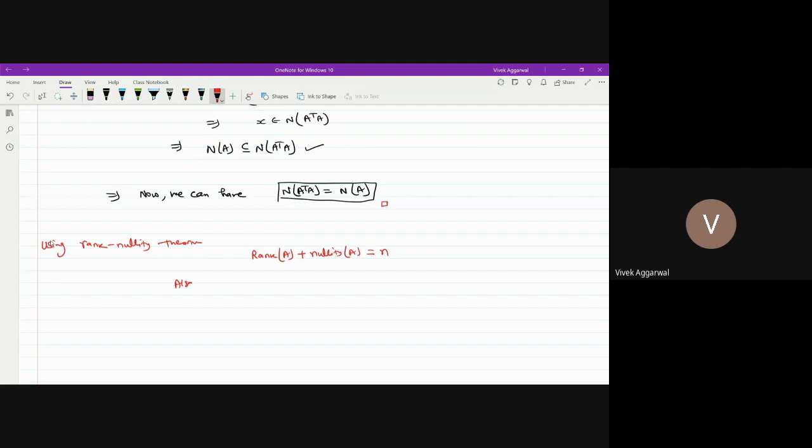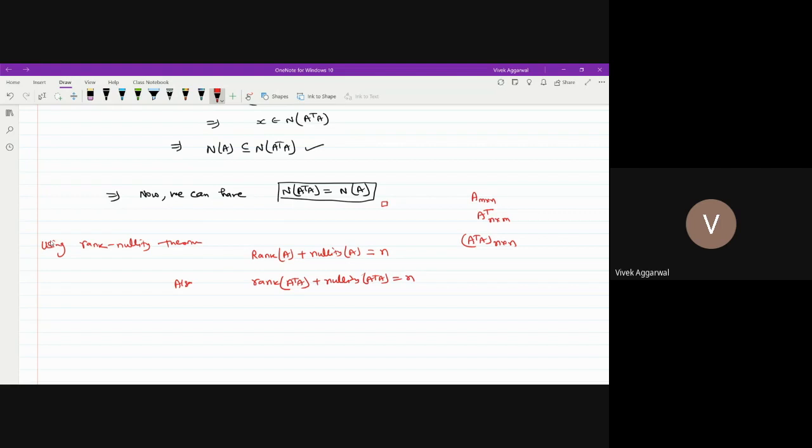Also, A matrix is of order m cross n, A transpose is of order n cross m, then A transpose A is going to be n cross n. So I can also have that the rank of A transpose A plus nullity of A transpose A is also going to be n.